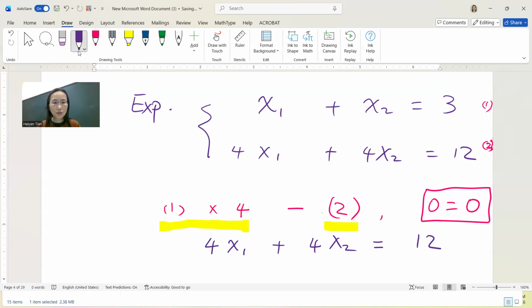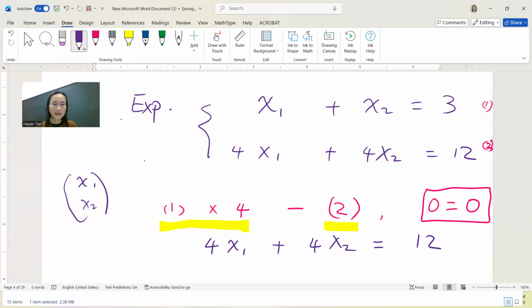That means any value for x1 and x2, as long as they satisfy the first equation, they will satisfy the second equation.